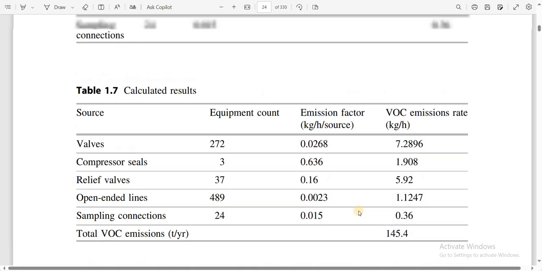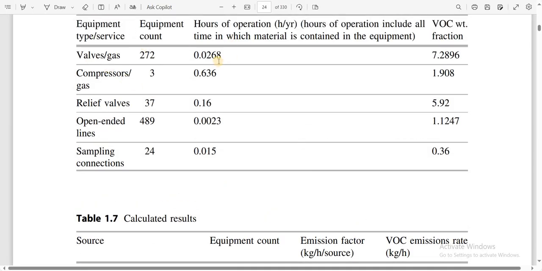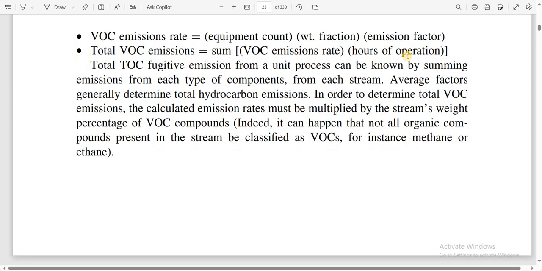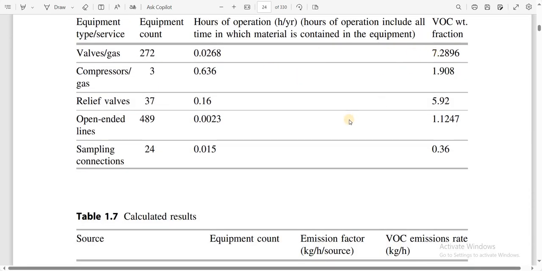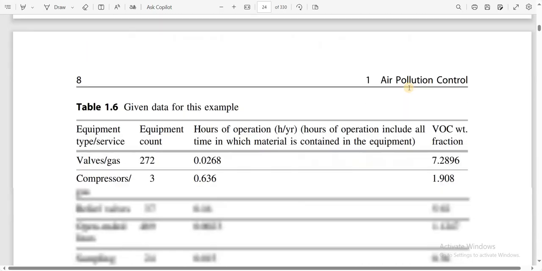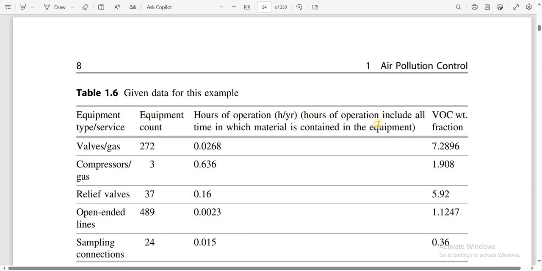Now we calculate this: equipment count times weight fraction times emission factor. What we are doing is multiplying everything.